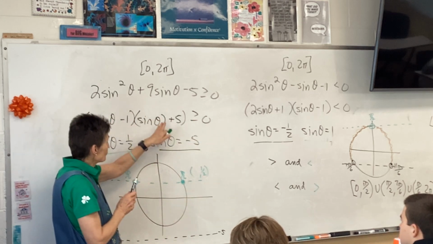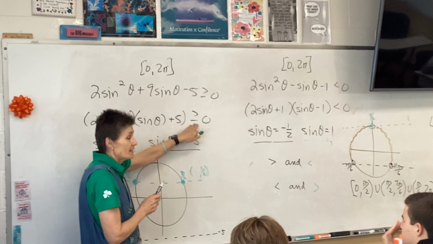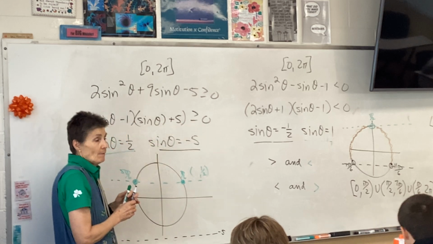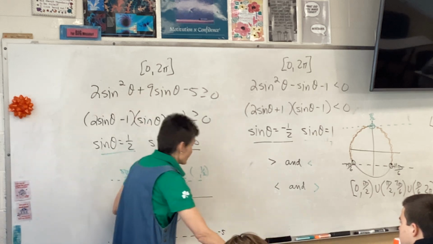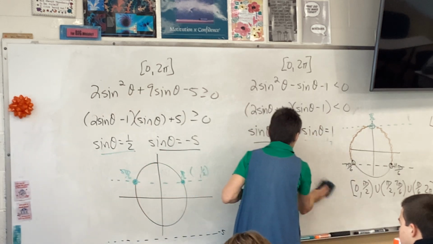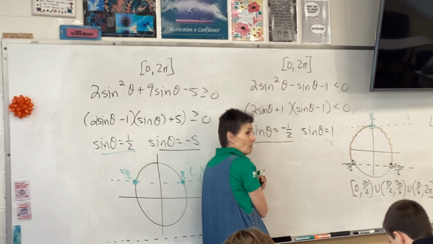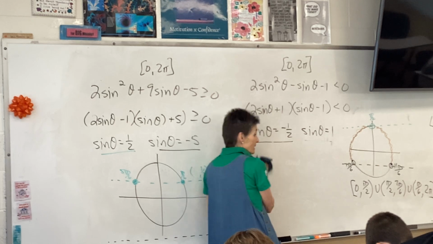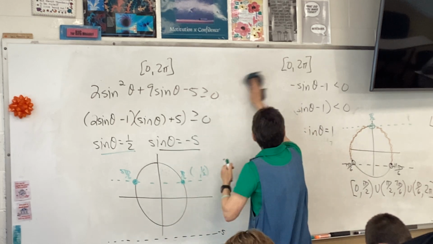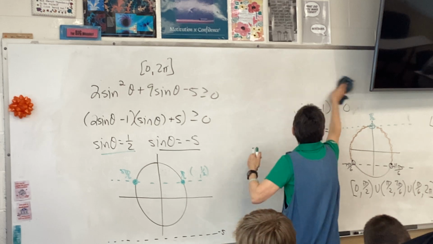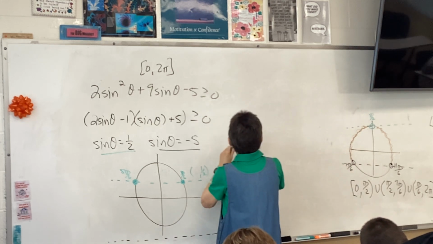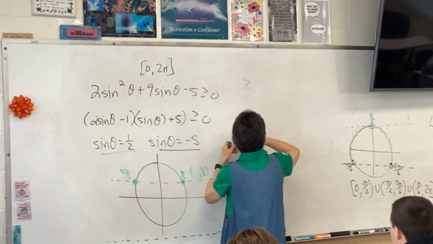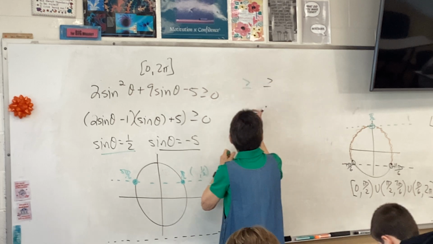Our factors multiply together and end up greater than 0. So what does that mean about the factors? They're either both greater than 0 or they are both less than 0. So I'm going to have a greater than and a less than case. Okay, so greater than, less than.